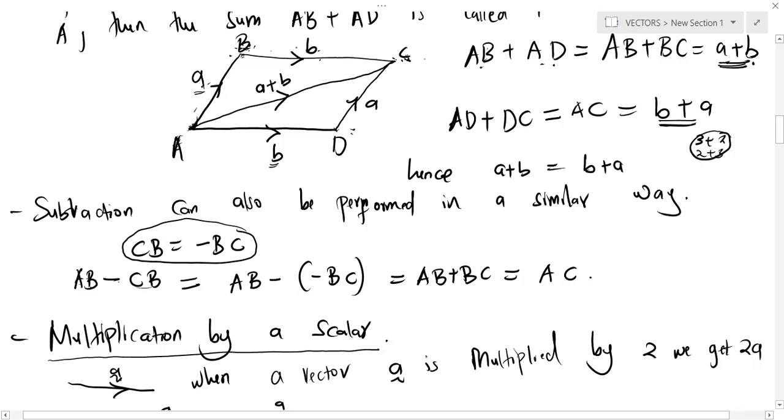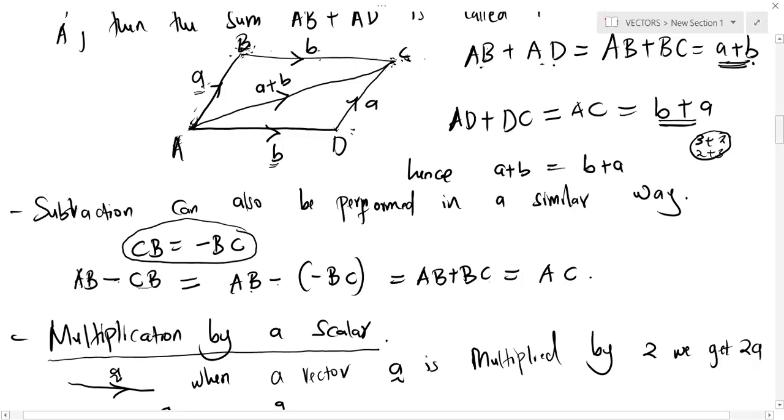We've said that CB is the same as minus BC. As you can see there, CB is like the opposite direction of BC. So instead of having CB, we can write minus BC, which is basically the same as AB plus BC. AB plus BC, which is clearly AC.